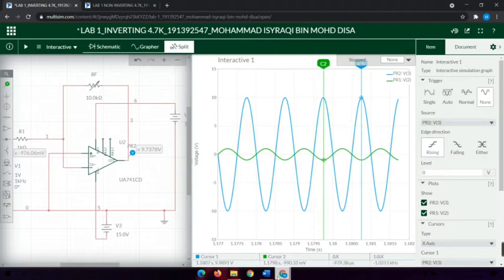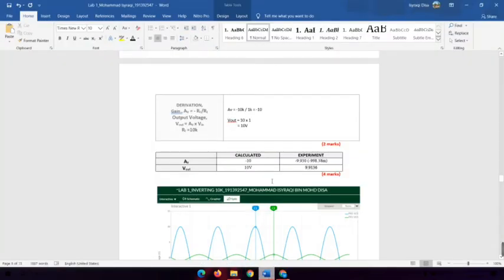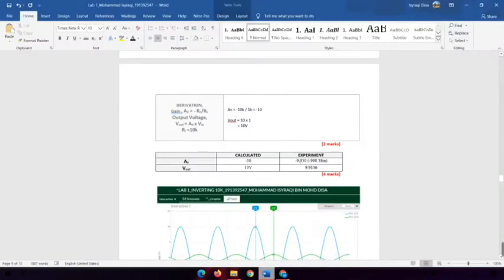For Vout we get 9.98, which is slightly the same as the calculated value of 10 volt. And for gain we divide 9.98 by negative 990.32 and get negative 9.930, slightly the same as the calculated value.